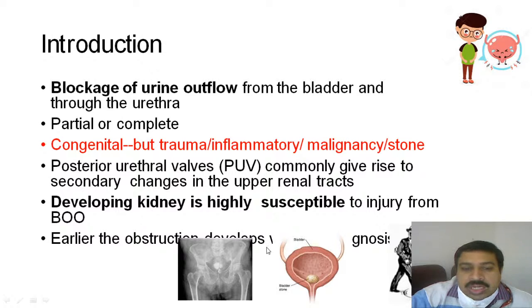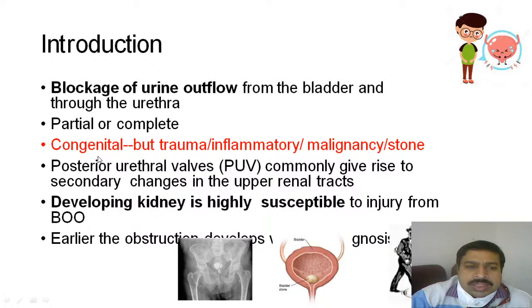Because the kidneys are yet developing and this lesion is congenital, in fact fetal, not only congenital but started in the embryonic period, it has certain effects. The posterior urethral valve would have certain effects on the developing kidney. The developing kidneys, which are yet to mature enough, are highly susceptible to injury from bladder outlet obstruction, and we'll see how they manifest.